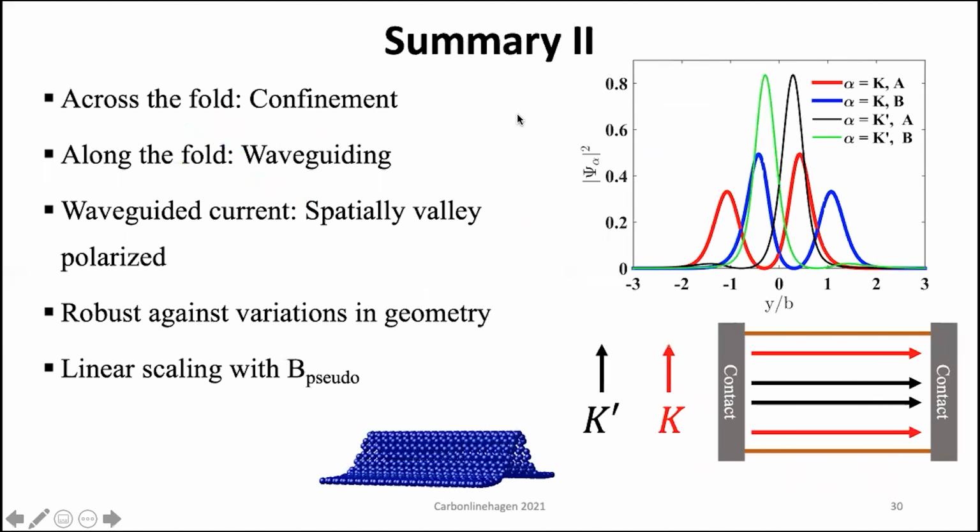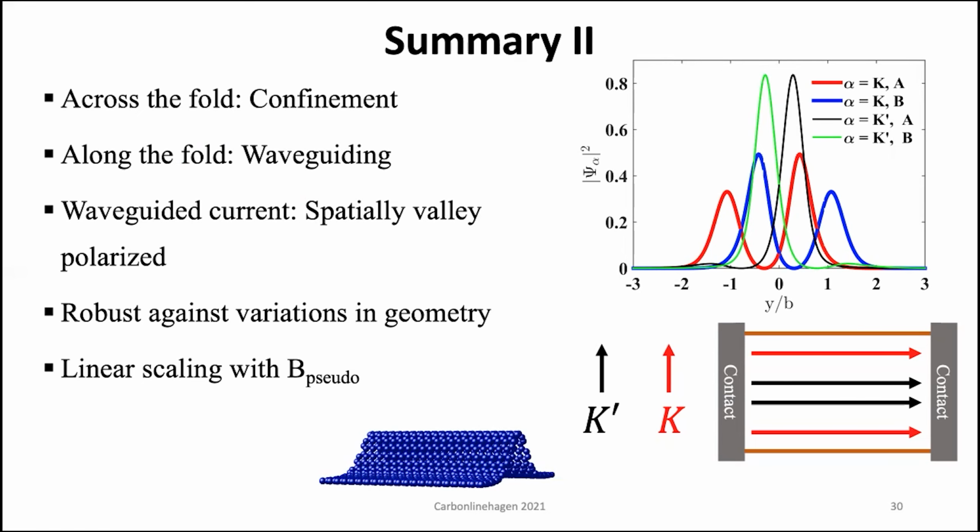So the summary of this second part is that a simple strain geometry that we went over, in this case the fold, shows that strain regions are able to confine charges. So they produce a charge redistribution with the charges accommodating within the strain region.